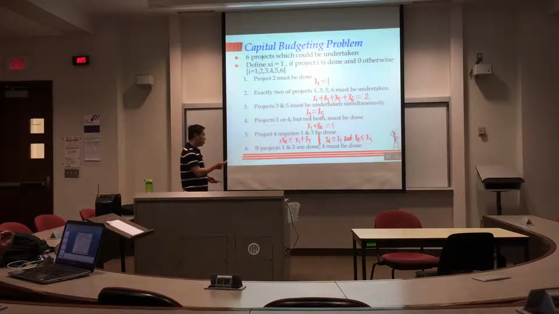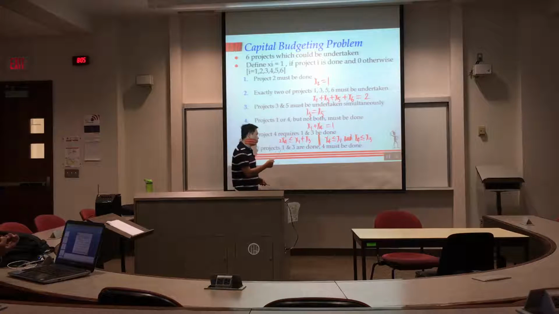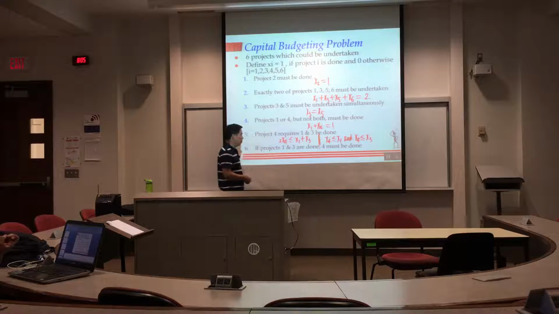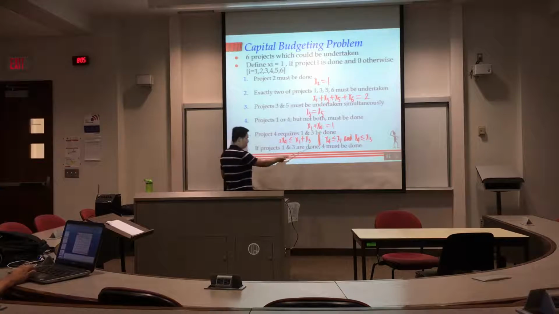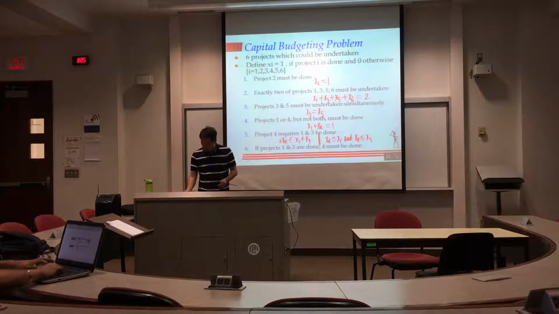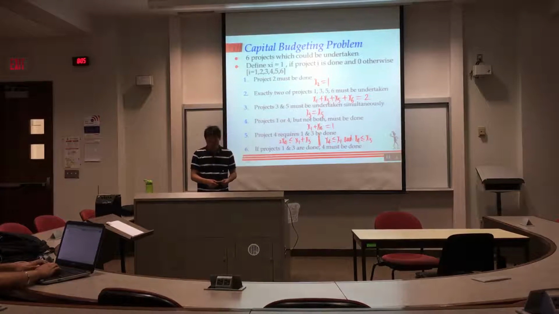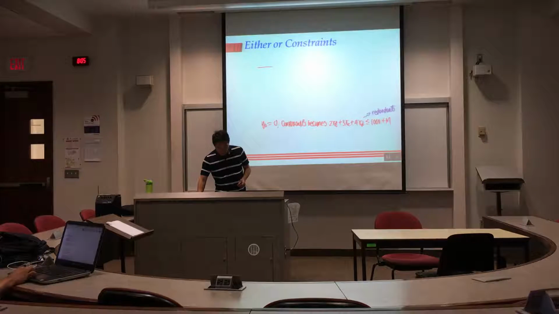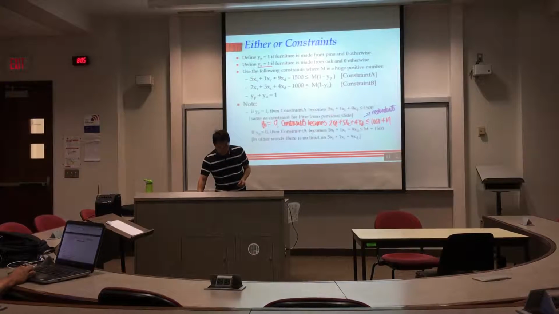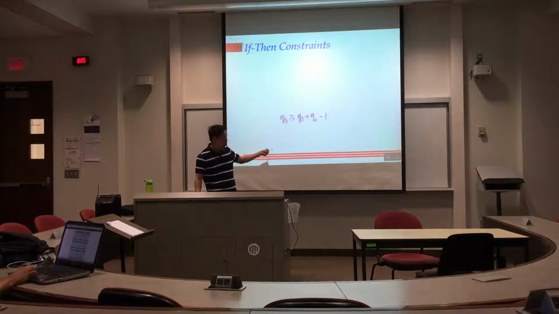So here it says if projects 1 and 3 are done, then project 4 must be done. So this is like an if-then relationship. If, then project 4 must be done, right? So do we have this equation here? I think we have.